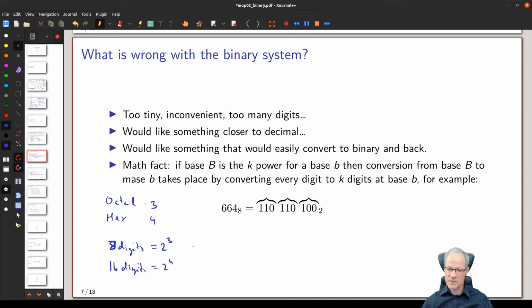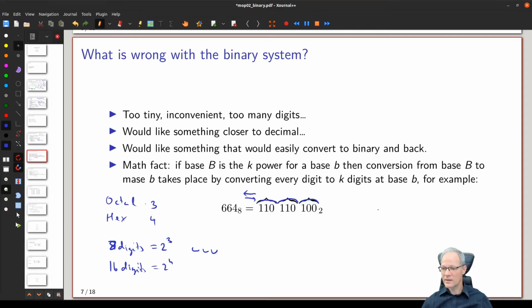If we're using binary system and just 3 bits, then the number of different combinations that we can write using just 3 bits is 2 to the power of 3. That's why we can group the number in 3 bits, and then we can easily figure out what the value of it is in that particular counting system. And we can go back and forth, easily from binary to octal, and from octal to binary.